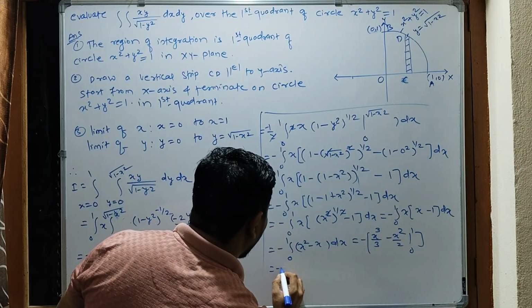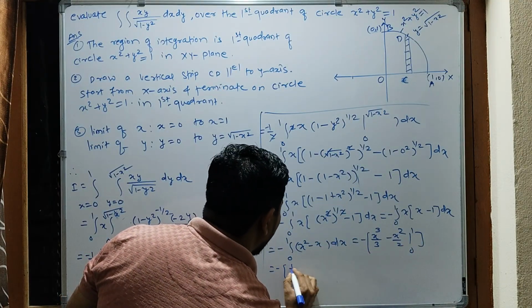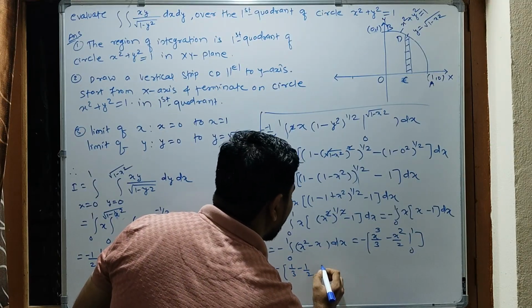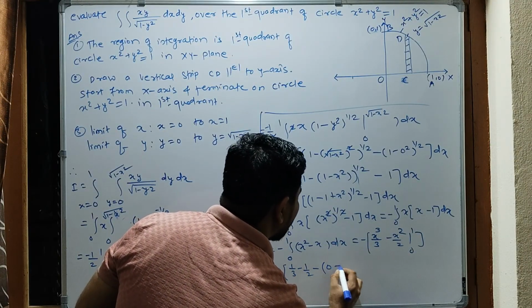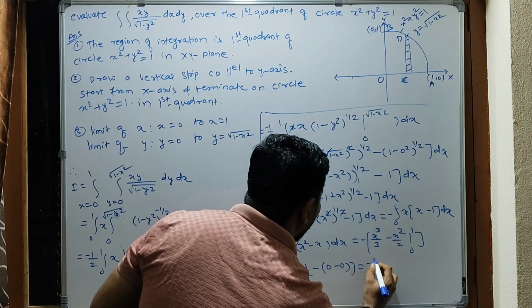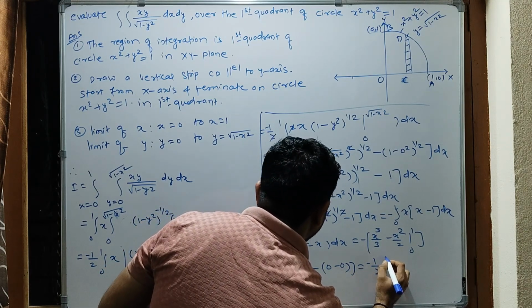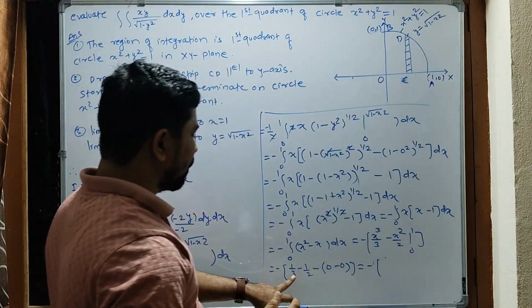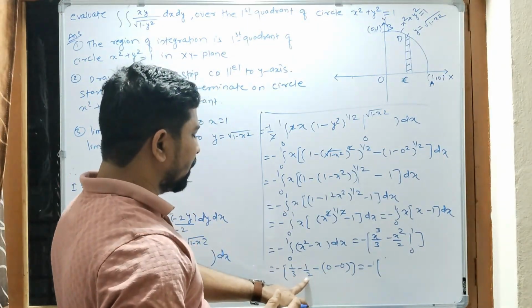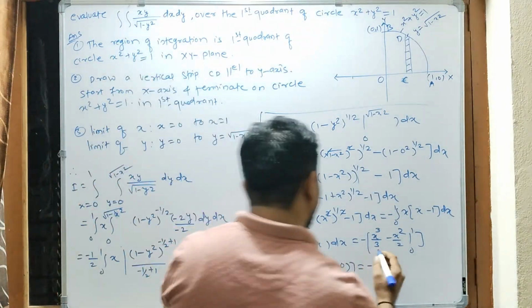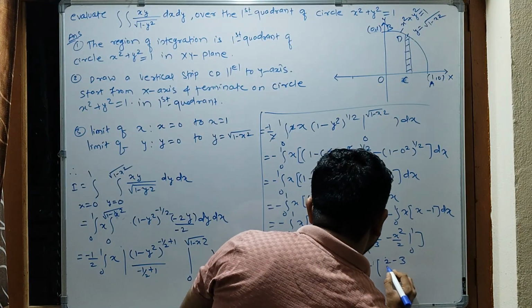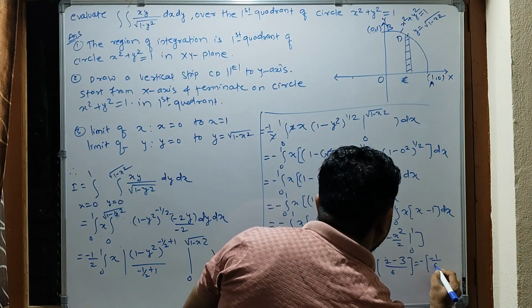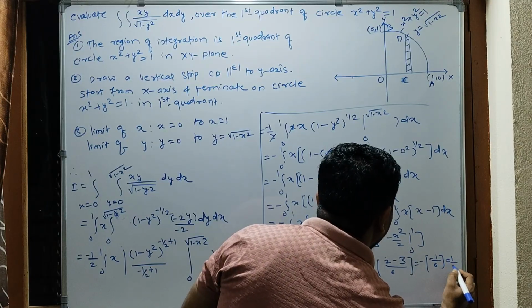So which is equal to minus in bracket, upper limit minus lower limit, 1 by 3 minus 1 by 2, minus 0 minus 0, which is equal to minus 1 by 3 minus 1 by 2. So this is 2 minus 3 divided by 6, which is equal to minus minus 1 by 6, which is equal to 1 by 6.